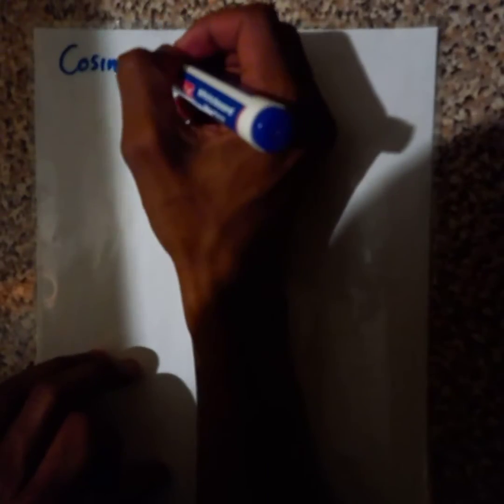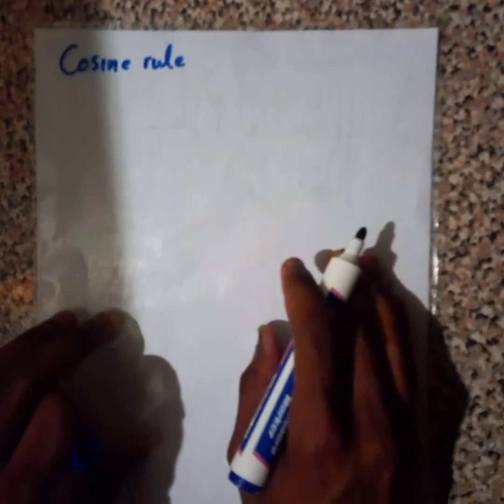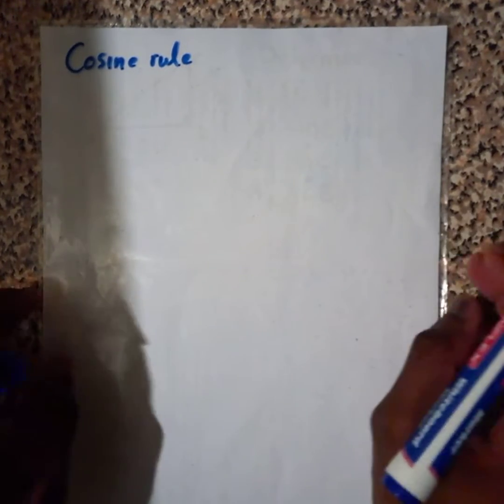Cosine rule. Firstly, we are going to start with the proof of the cosine rule.